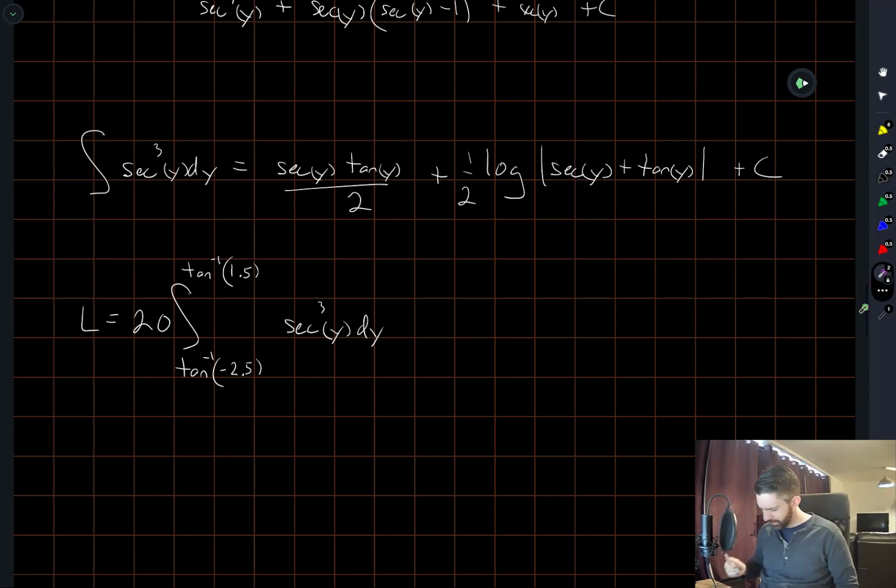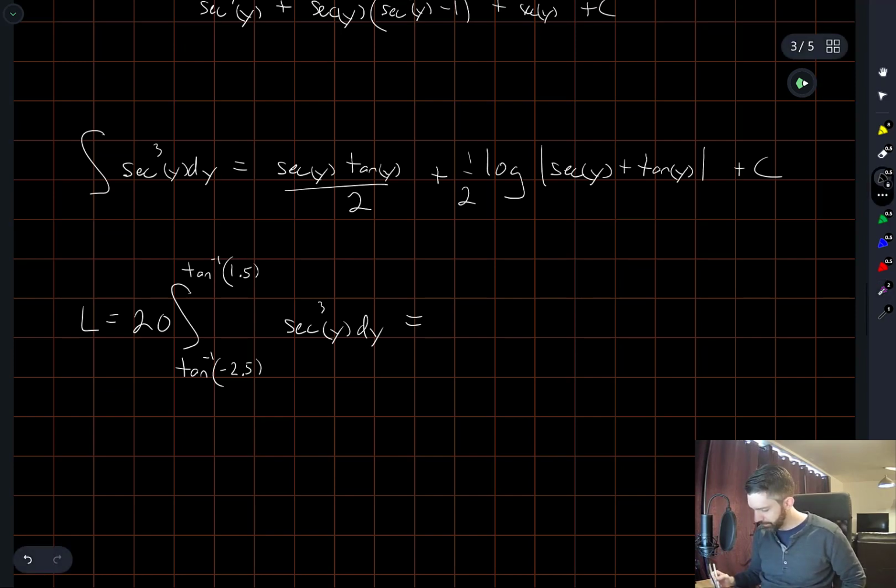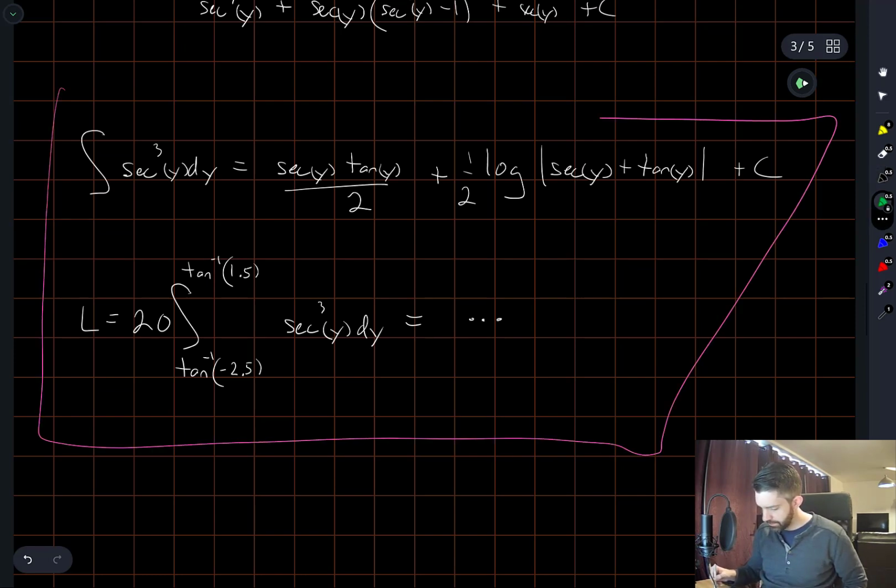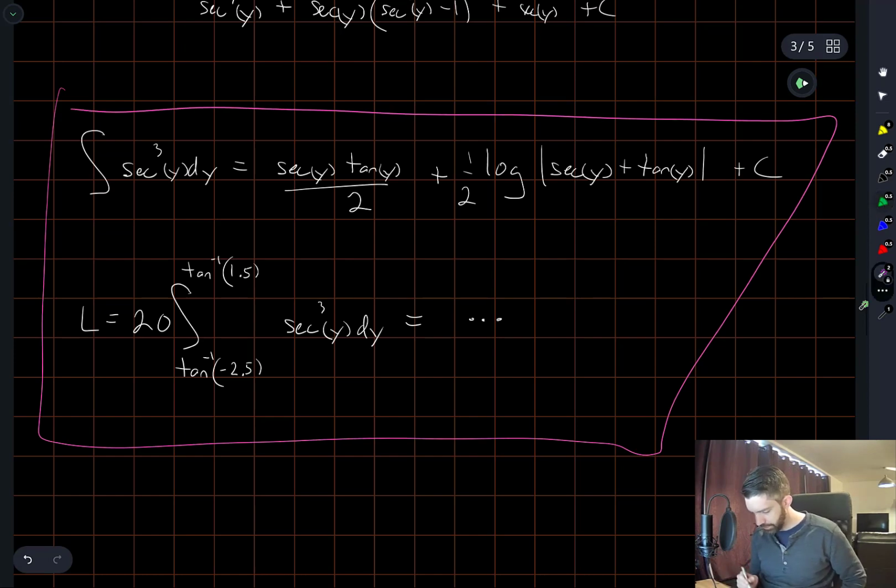Is it worth actually doing this substitution? I don't really think so. I mean, the answer's mostly complete here, right? The rest is just subbing these endpoints into the antiderivative there, taking the difference.